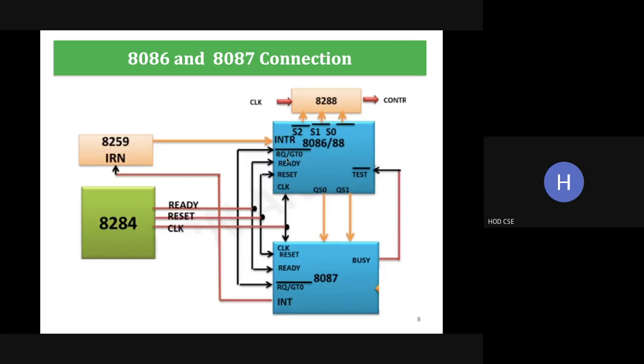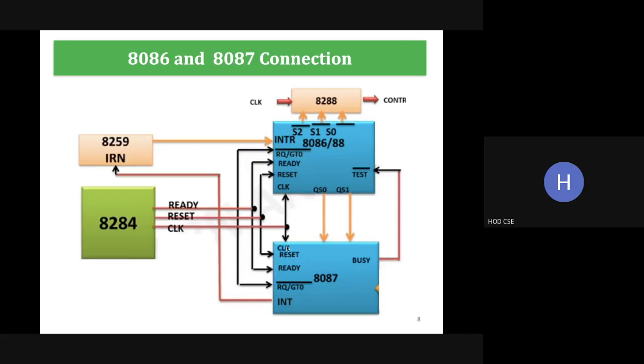Here, the request and grant signals of 8086 are connected to the request and grant signals of 8087. And see here, the ready signal of 8086 is connected to the ready signal of 8087. Like this, the reset signal is also connected to the same line in 8087.